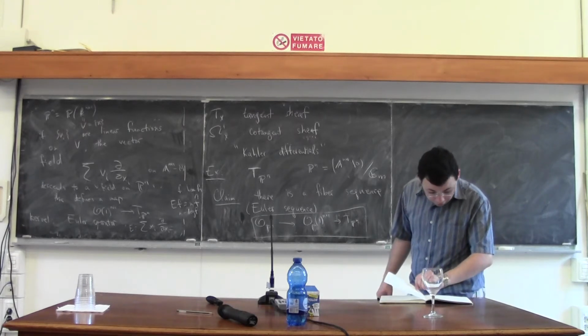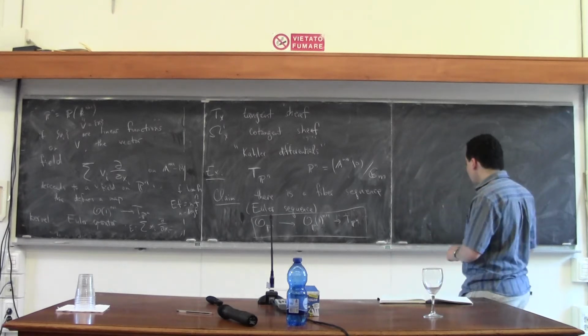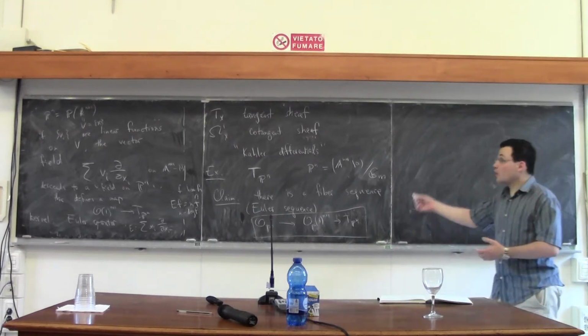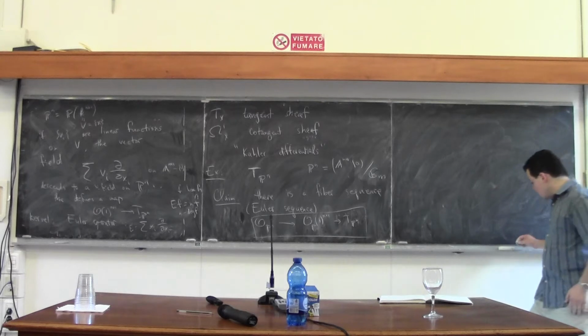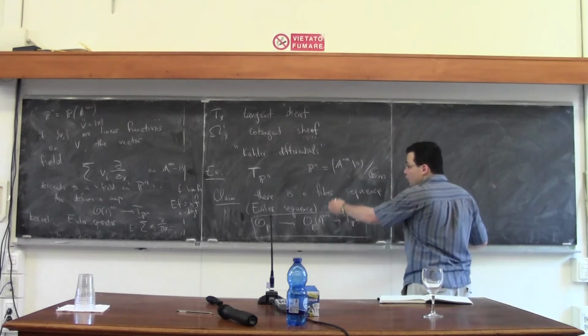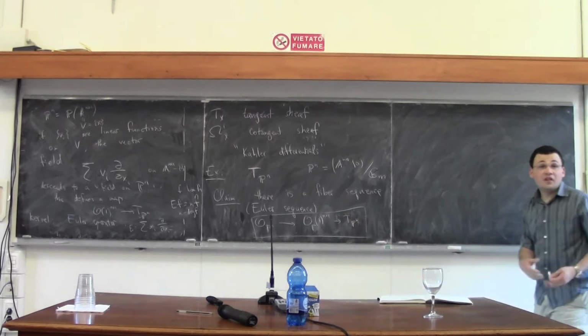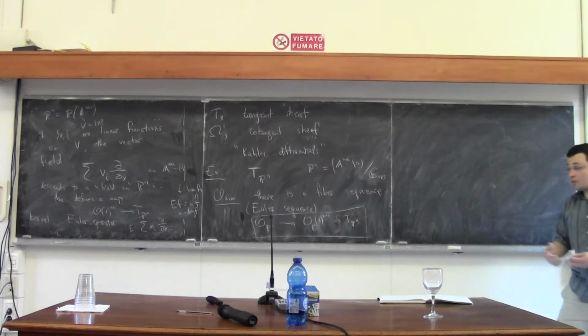Okay. So in the last few minutes, I wanted to calculate an example of a derived category, just to show you that, so far, nothing was happening in the derived category. All of these statements could have been said at the level of the abelian category.